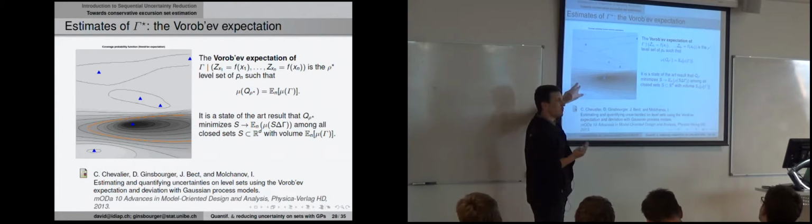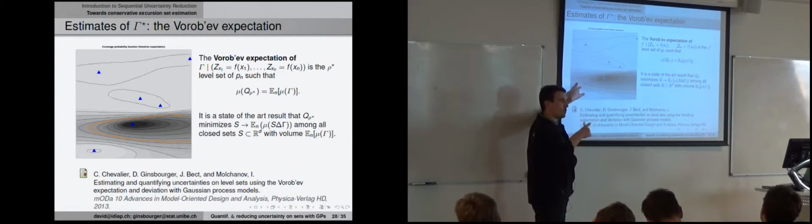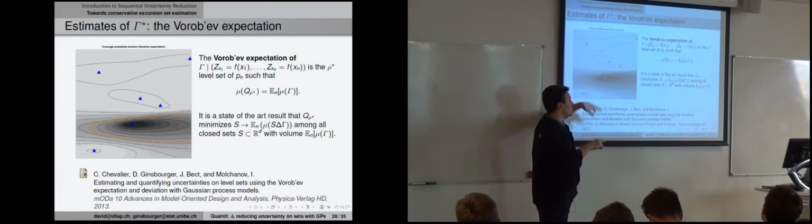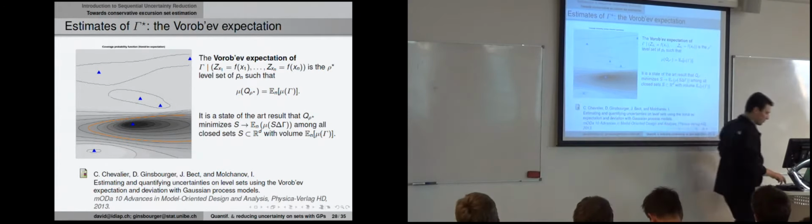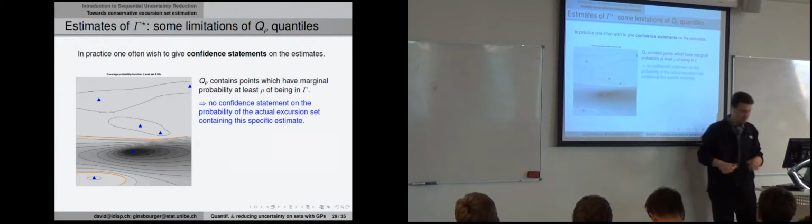But if you're thinking of nuclear safety, you would like to control the probability that all these points are safe. And this is not the same story as controlling the marginal probability for every point to be safe. So you need to speak about the joint probability, but here you have many, many points. So we have a complicated problem, and I will now dive into it.